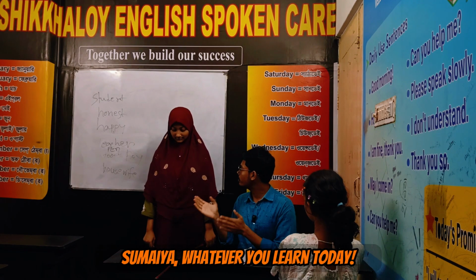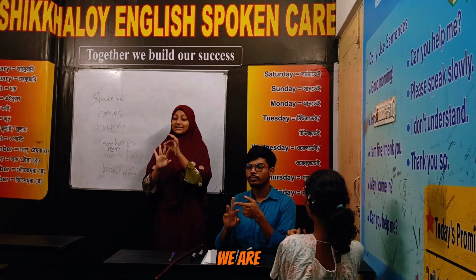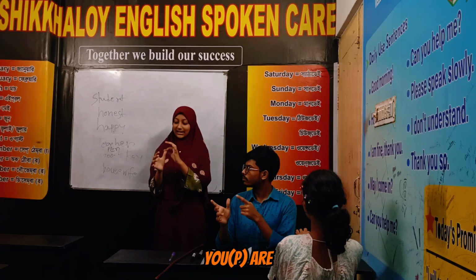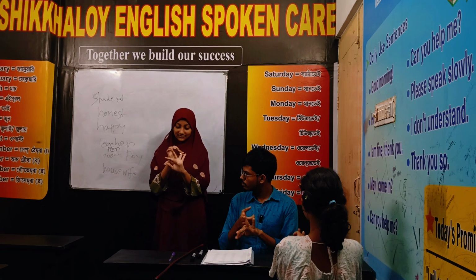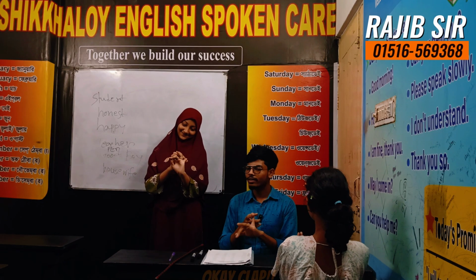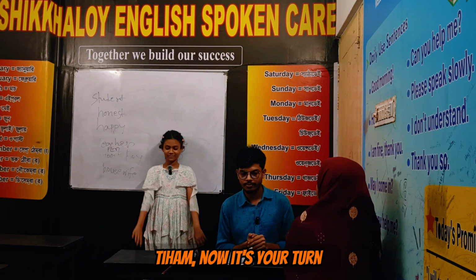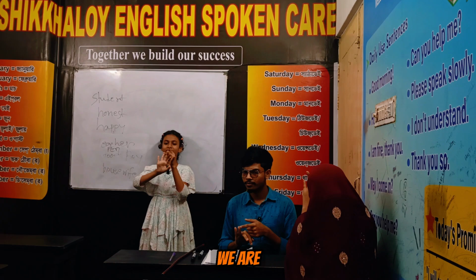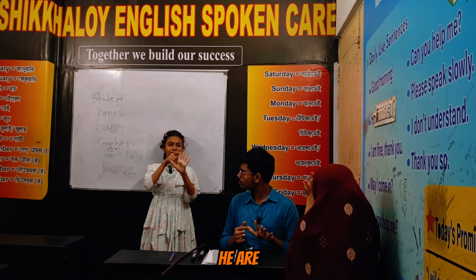So Maya, whatever you learned today, show me. I am, we are, you are, they are, he is, she is, it is, Rabbi sir is, my mother is. Okay, clap. Tiham, now it's your turn. I am, we are, you are, they are, he are, she are.